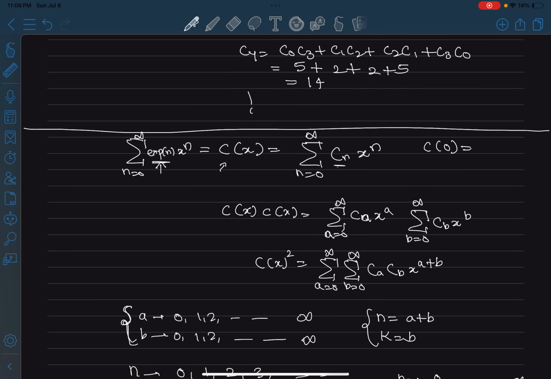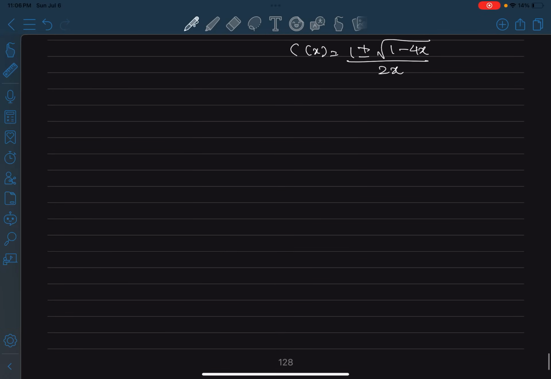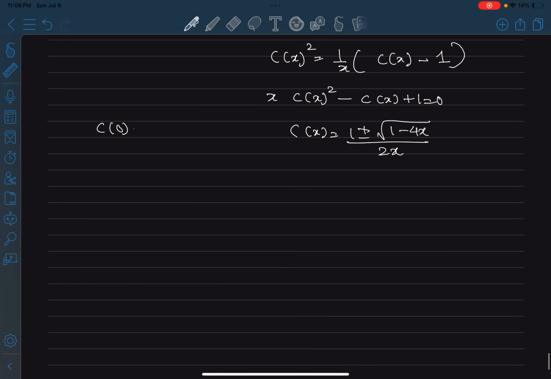And here c sub 0 is the coefficient of 0 to the power 0, so c sub 0 is just 1. So c of 0 is actually 1, and we are going to use the fact that c of 0 has to be 1, right?